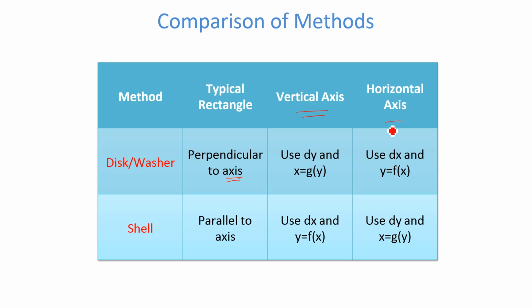If the axis is horizontal, use dx and y is equal to f(x). Right? In the shell method, it's going to be the opposite. Here the typical rectangles are parallel to the axis of revolution. And use dx when we are rotating about the vertical axis, with y equal to f(x). And in the case of a horizontal axis, use dy and x is equal to g(y).